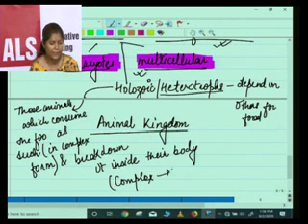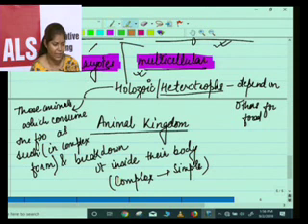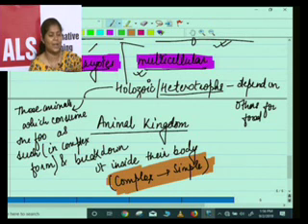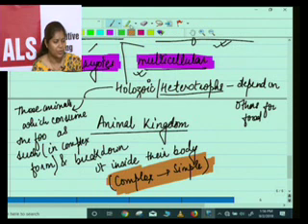But yes, a rat is having, cow is having, a goat is having the simple breakdown from complex to simple inside its body. So we call these animals to be possessing holozoic nutrition. So this is what is called as holozoic nutrition.